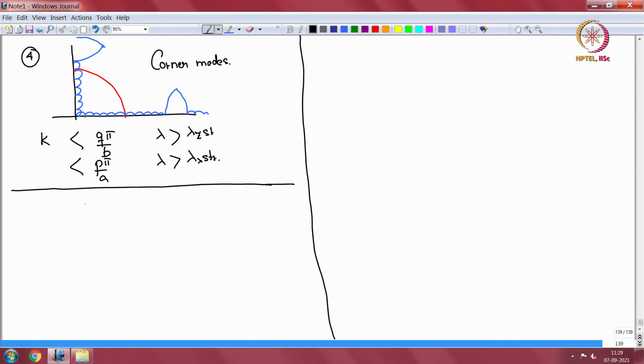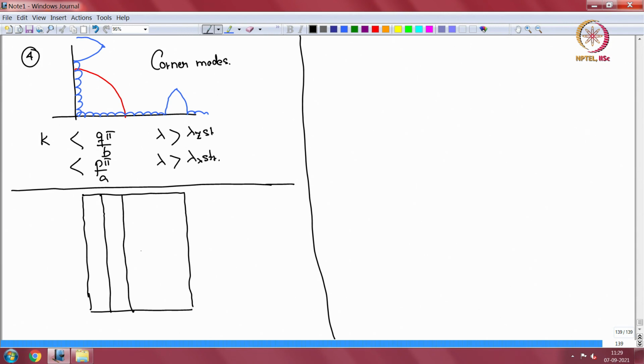So we have a panel here, with cells 1, 2, 3, 4, 5, 6, 7.